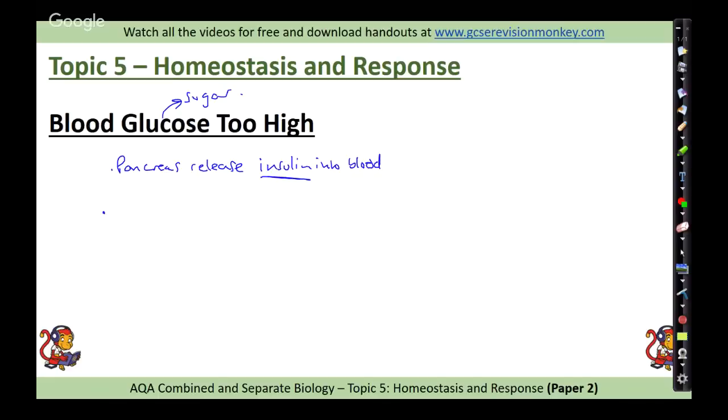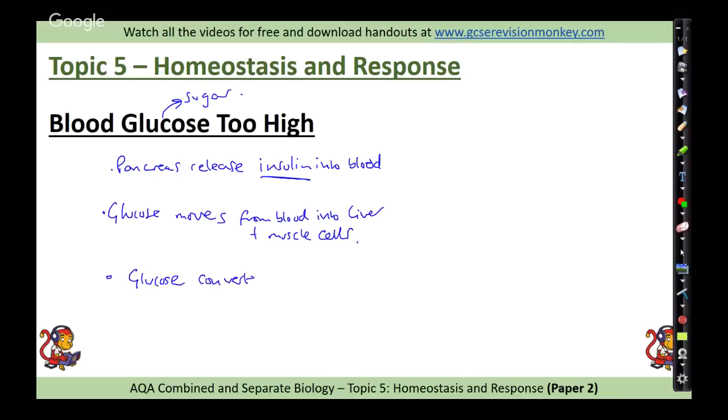When that happens, the excess glucose in our blood moves from the blood into our liver and our muscle cells. And then that glucose is converted, because it's soluble, we need to convert it, otherwise it will all move out again. It is converted into a substance called glycogen, which sounds very similar to glucagon, for storage.